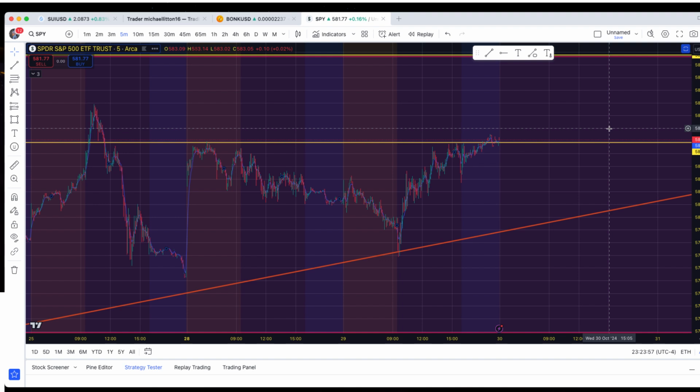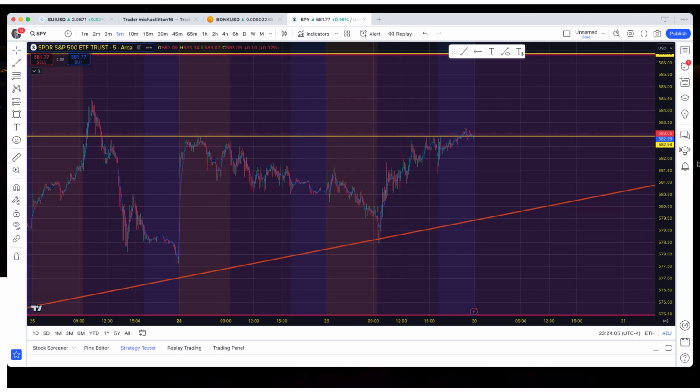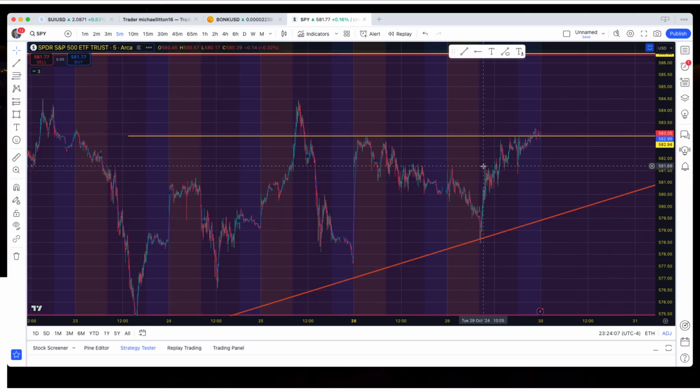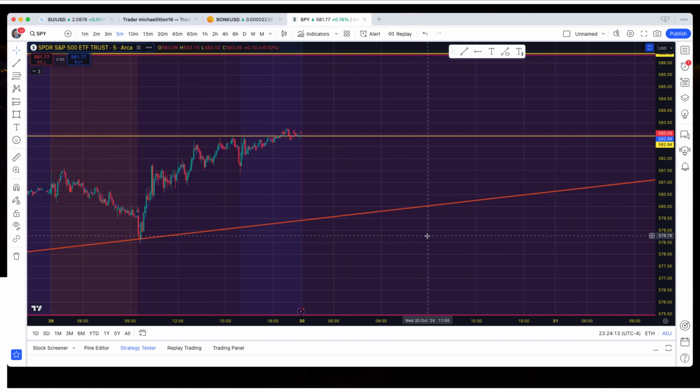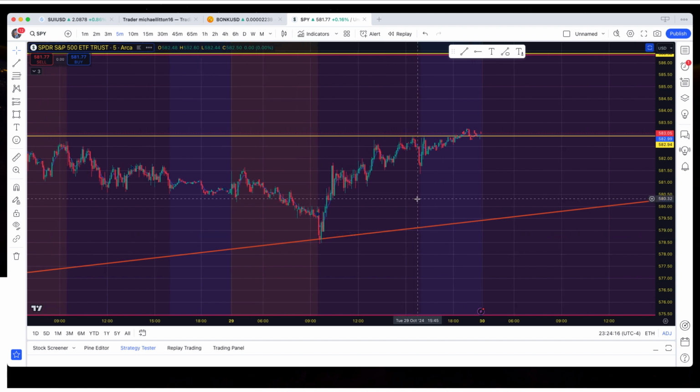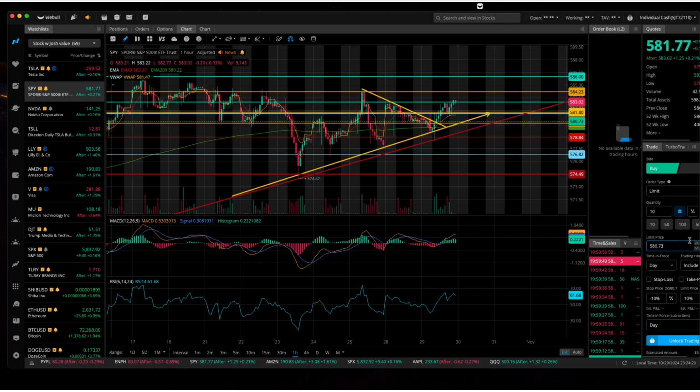Only get one contract till you have a plan that you're trading. You should be trading a plan. And today my plan was if we got to this trend line, I was going to go long, so I went long and we had a good win.